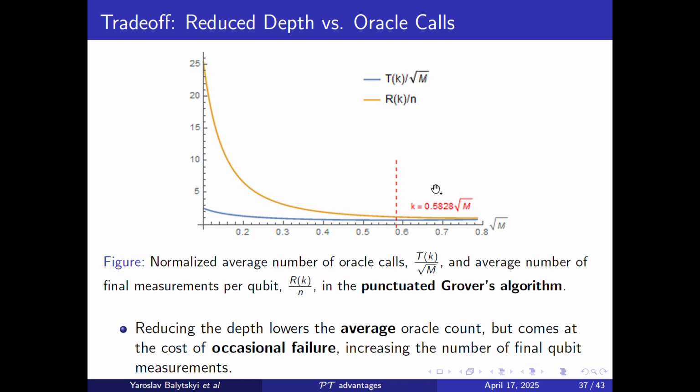It's at this value of oracle calls, and essentially reducing the depth lowers the average oracle count. So this point is not very visible here, but this point is smaller than this point. But all this comes at the cost of sometimes failing, which increases the number of final qubit measurements. So essentially, you need to read the output more than once.